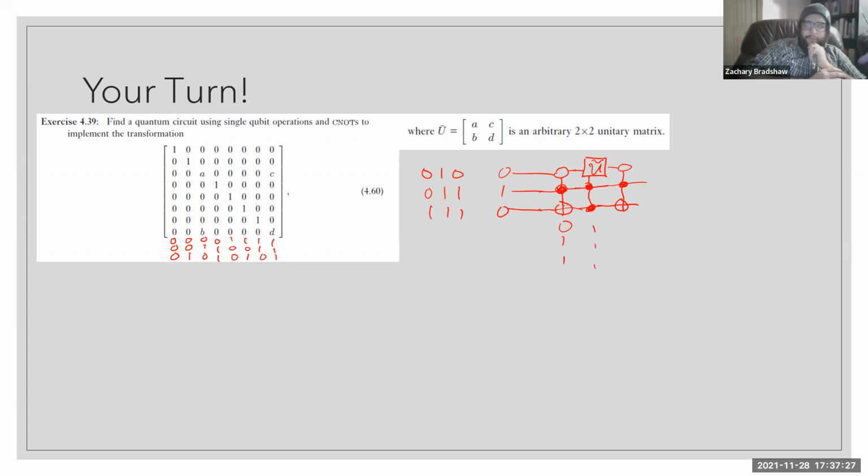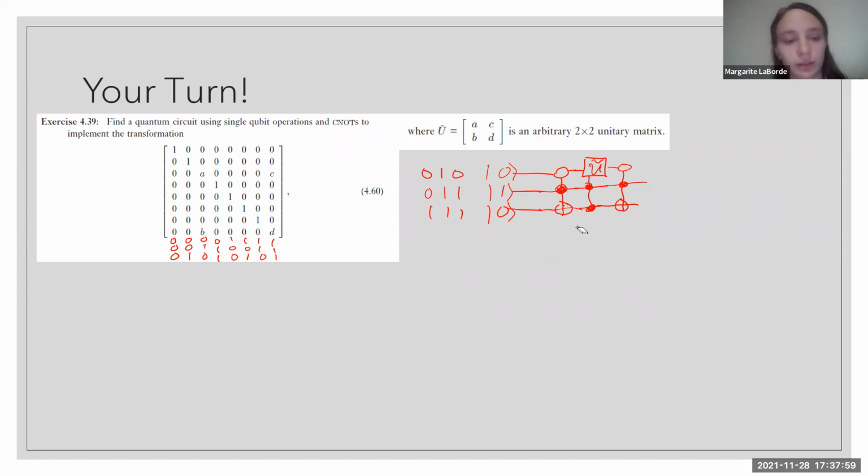So this is just applying the controlled unitary to 0, actually. I'm in the state 0, 1, 1, and now that the 2 things on the bottom are 1, I can apply the unitary. So the unitary is being applied to that 0 qubit. And then I'm undoing. So all this does is apply the unitary U to that first qubit.